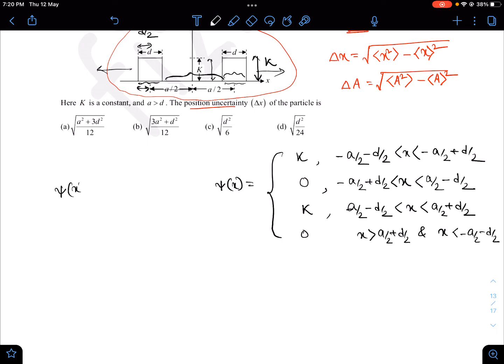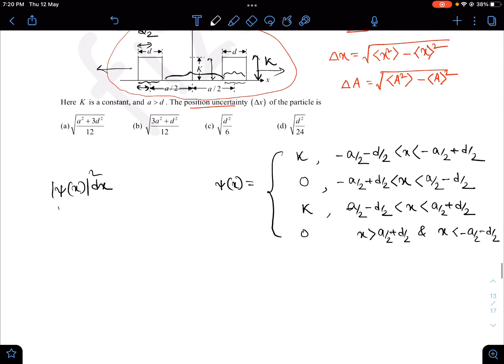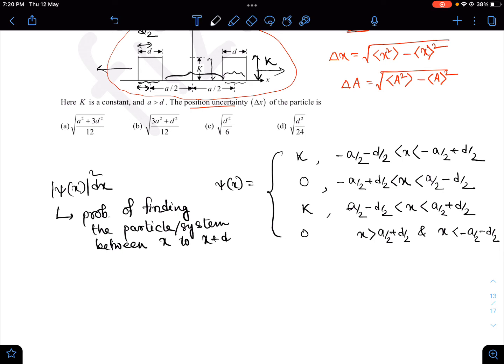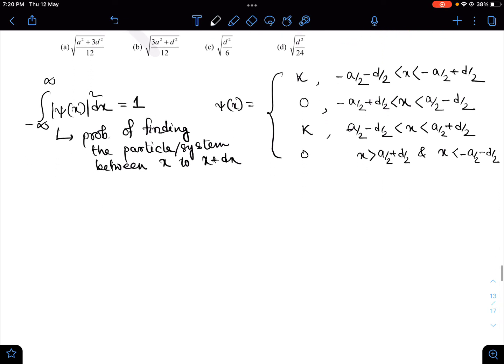Psi x square dx represents the probability of finding the particle, or whatever the system is, between x and x plus dx. So if we integrate this from minus infinity to infinity, this probability must be 1. From this we can calculate the value of k.